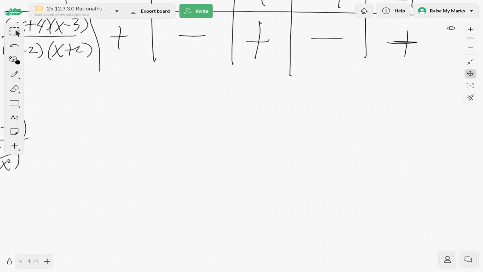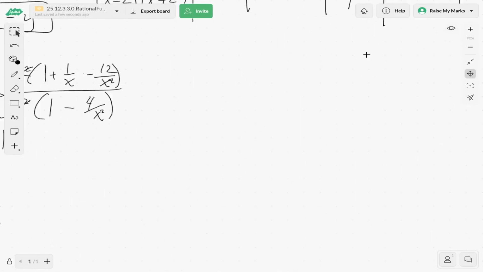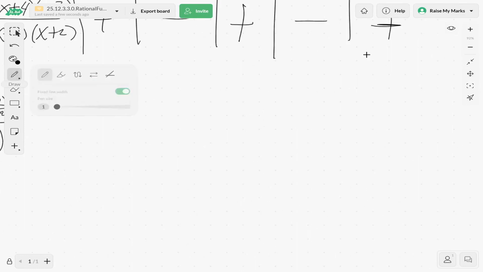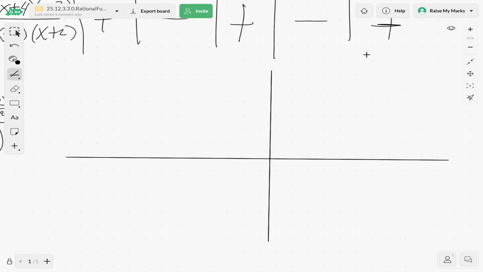So let's draw some axes in. I think we have enough space right here. Let's put our axes in, and we'll start drawing. Nice straight lines today. So next, we have our x and y axes. Let's put in our asymptotes.